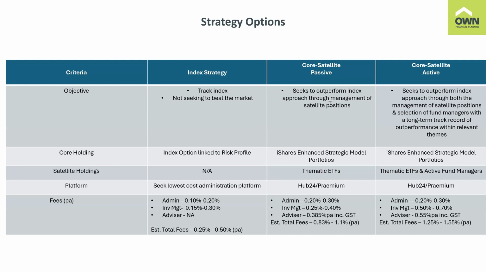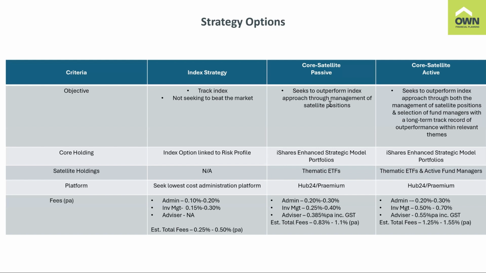And for both these strategies, we've partnered with iShares' enhanced strategic model portfolios to manage the core component of these strategies. For core satellite passive, we are aiming to identify relevant themes that have an expectation of outperforming and subsequently through selecting relevant exchange traded funds, better known as ETFs, that best represent these themes.